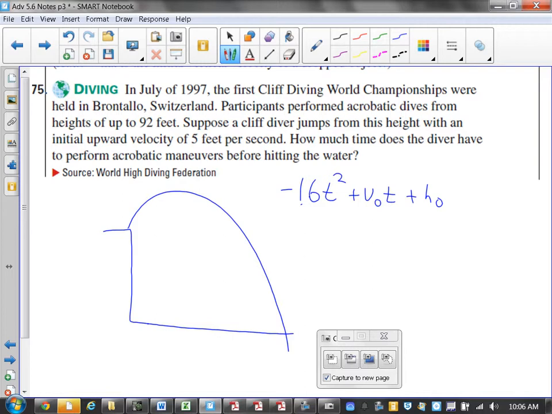V subscript 0, think of it as original velocity, initial velocity, same thing with the height. When we did the Jackie Joyner-Kersey shot put, the initial height was 5.5 because she was holding it 5.5 feet off the ground. Here, your initial height is 92 feet because he's standing up on a cliff, ready to jump out.